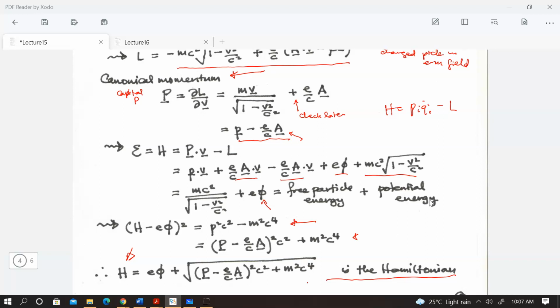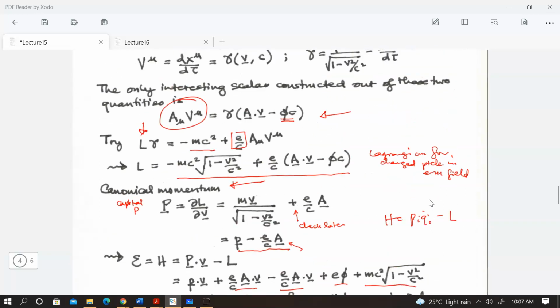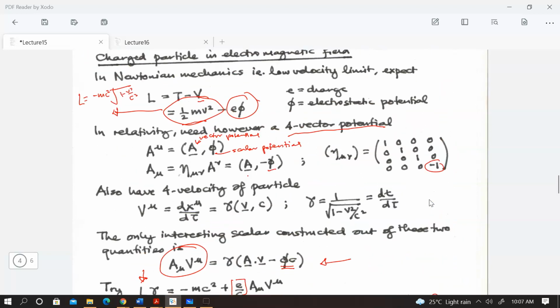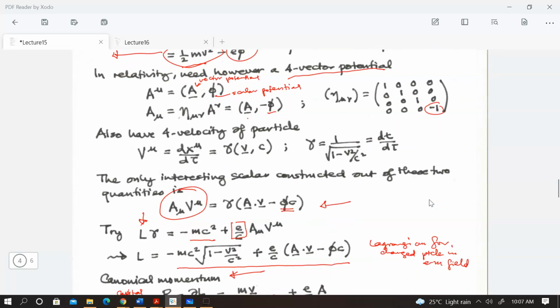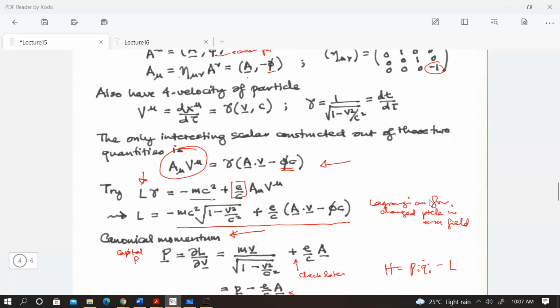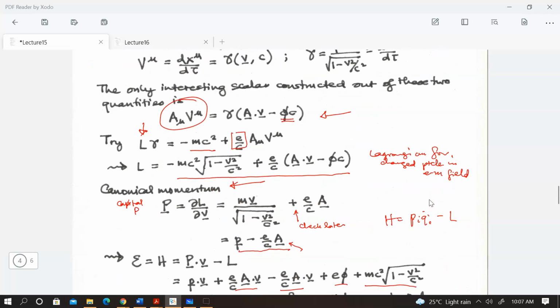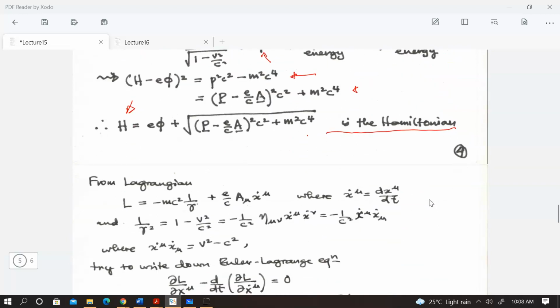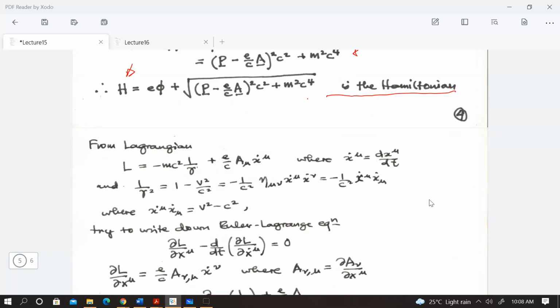I'm just worried about the minus sign. Let me just go back here. That's minus E phi, that should be plus. I have to check this later on.